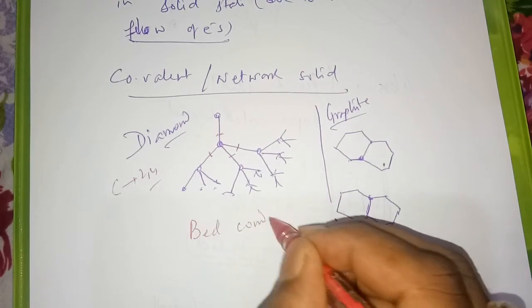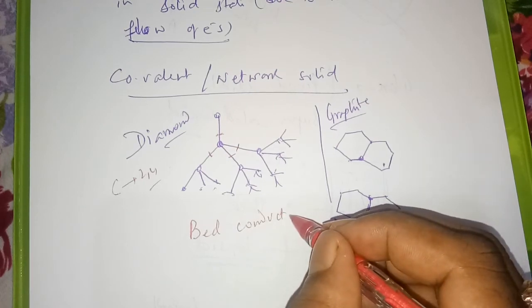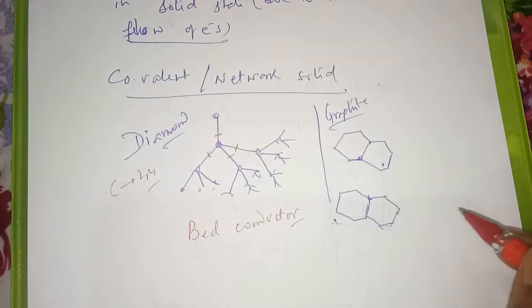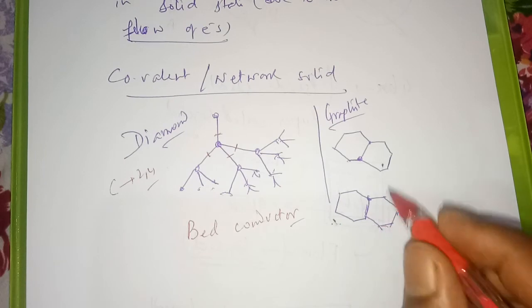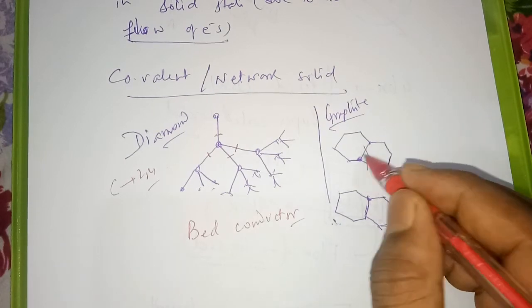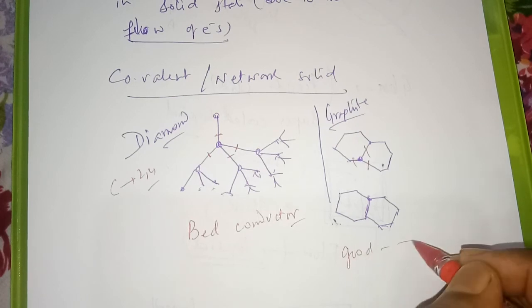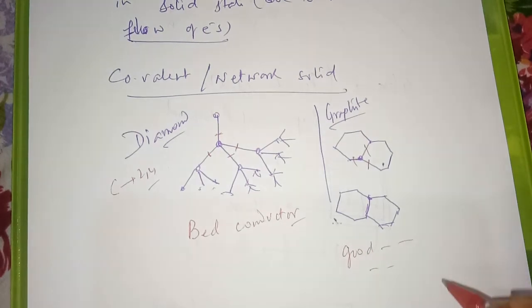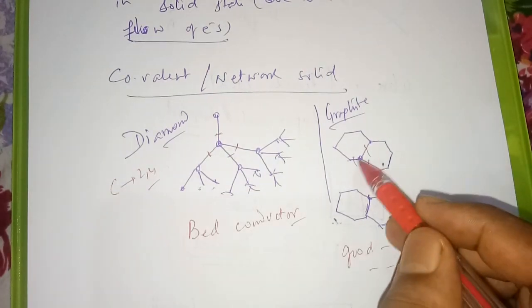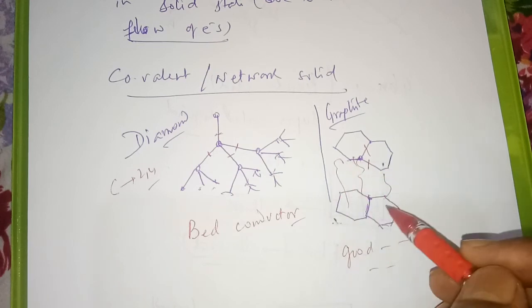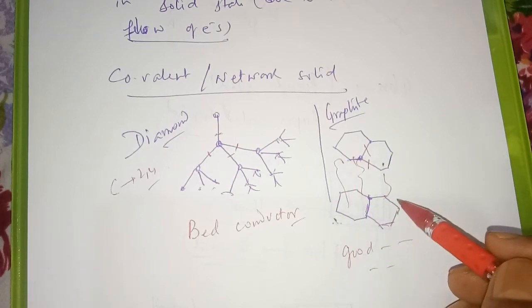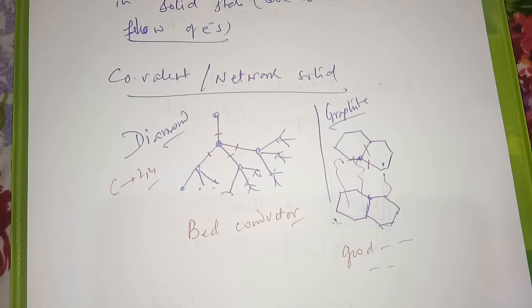In graphite, it is carbon but only 3 electrons are involved, so it is a good conductor of electricity. And graphite can slide one layer over the other because of the weak van der Waals force of attraction among the layers of the graphite.